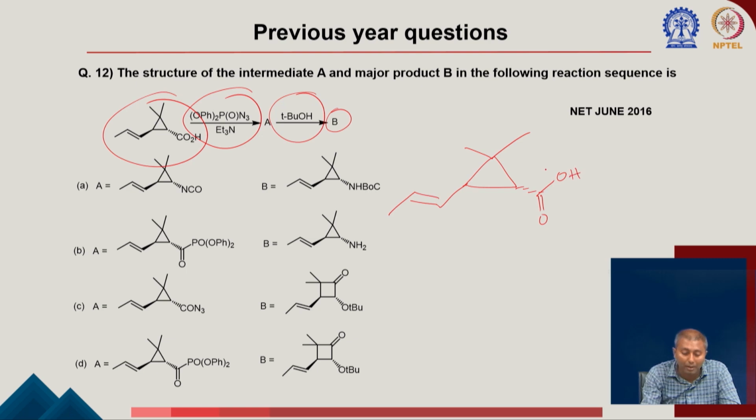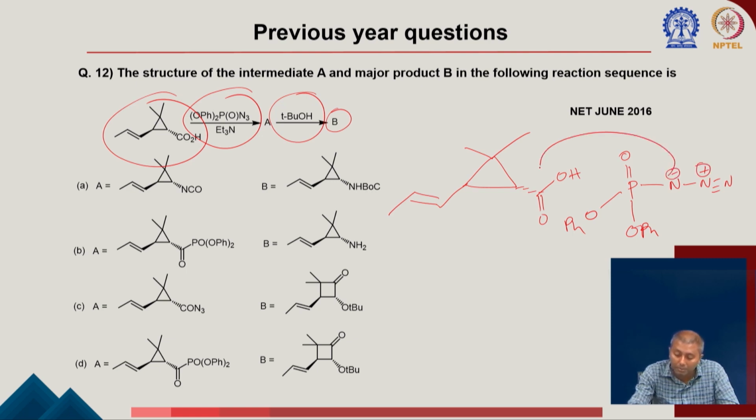Now, you have this other compound, a phosphoryl azide, and again we are going to see very similar reactivity here. It is a minus, so this can attack the corresponding phosphorus.